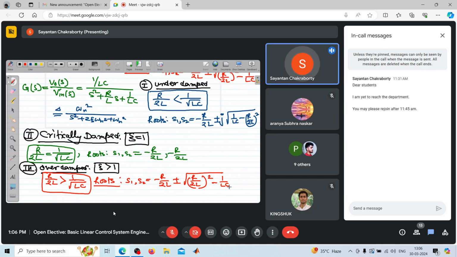Each and every scenario can be established by varying the value of the resistance R. Now your task will be to find out the expression for each and every type of response. That is, find c(t) for each case. Let's find the expression for c(t) for each case. That will be a good practice for you to follow.